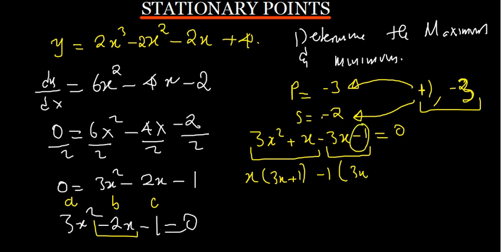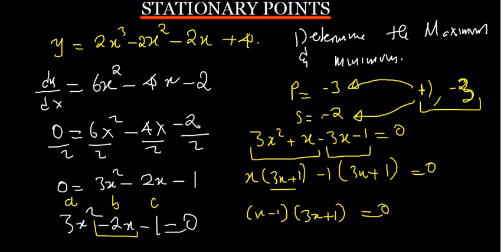Here what will remain is a positive 1. And this is going to be equal to 0. So since we can see that this is the same as this, I pair them, or I put them together. So this is going to be x minus 1, 3x plus 1 is equal to 0. And then equate this to 0, also equate this to 0.